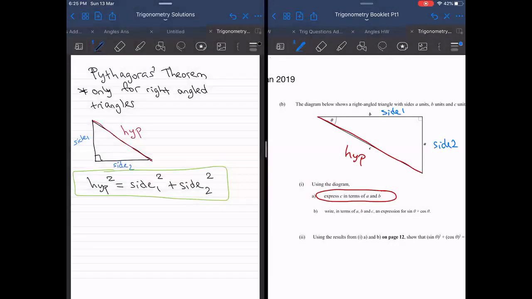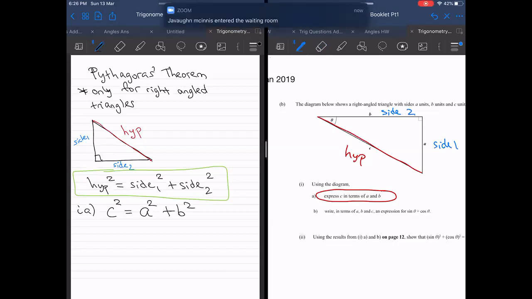So coming back over here, according to that, it would be that C squared is equal to, and I can put the A or the B in front, it doesn't matter. So we have that C squared is equal to A squared plus B squared.